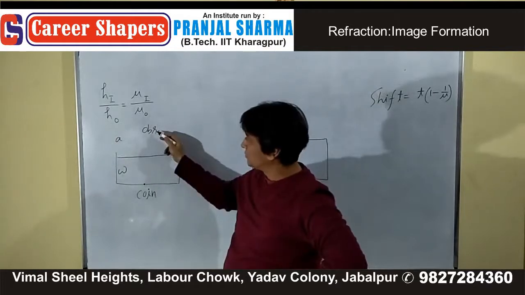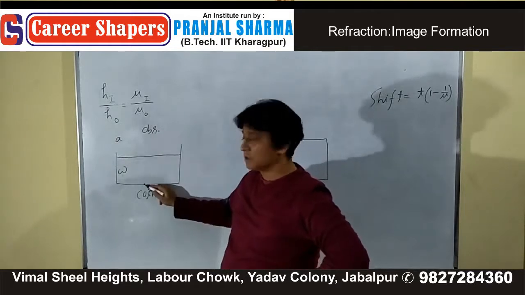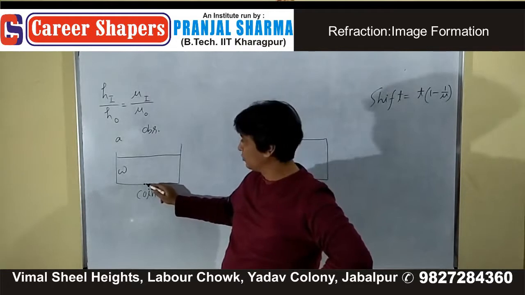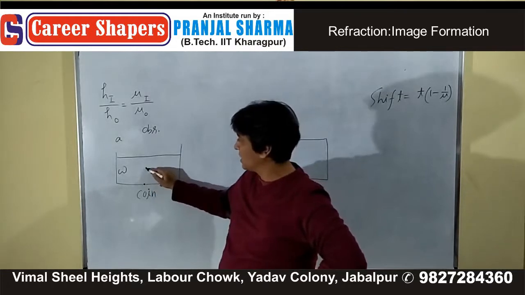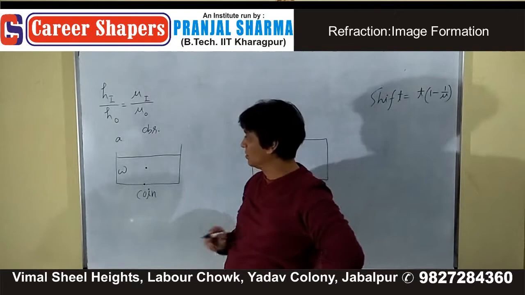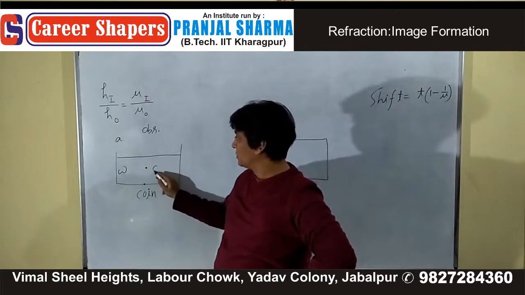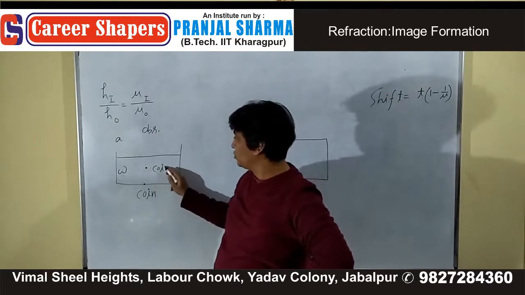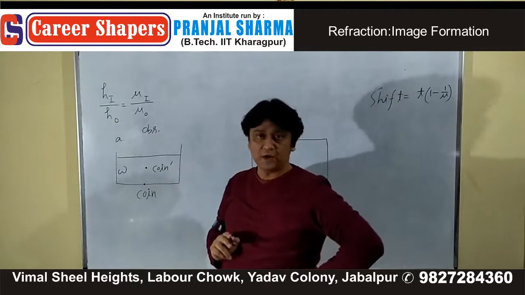Then this observer finds that coin is basically not at this position, is in fact this position, which is the image of coin. Let's call it coin dash.